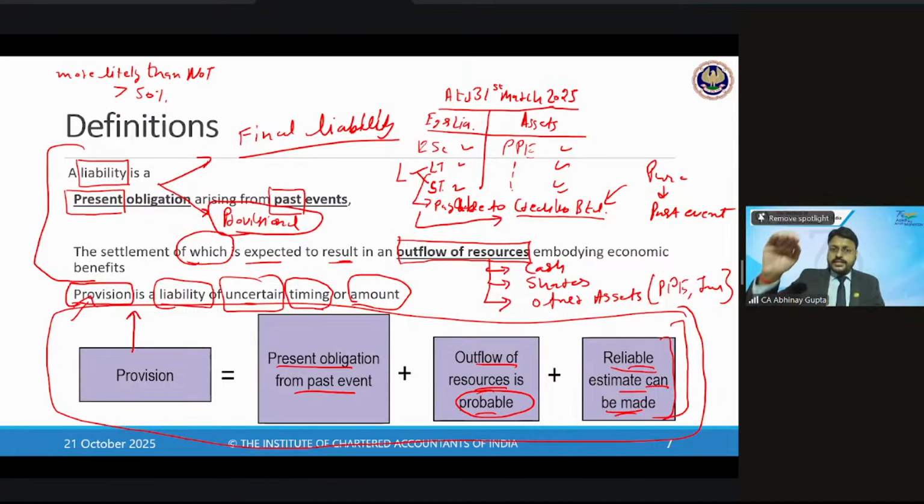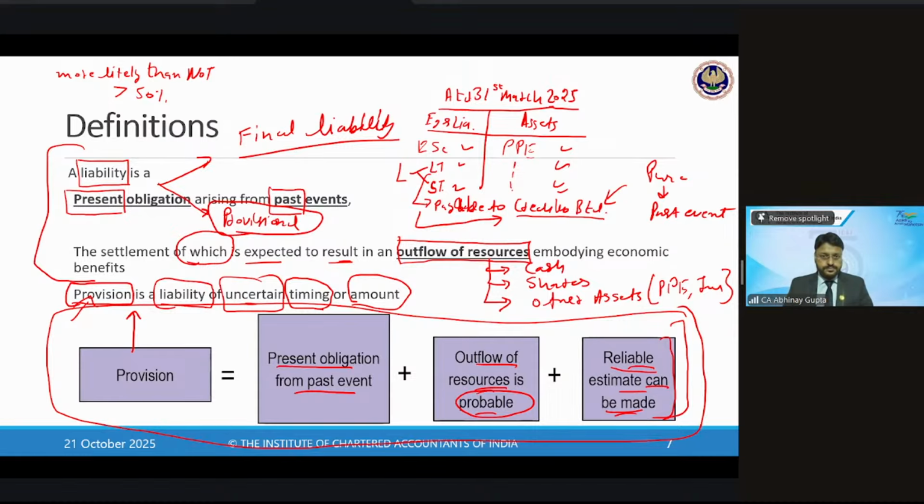Now, if in the examination, based on the facts, it is evident that a reliable estimate cannot be made, then our answer would be that because of the failure of the reliable estimate condition, the provision will not be required to be recorded. However, the additional disclosures get triggered, right? But generally a reliable estimate can always be made in practical life. It is very rare that somebody comes and says that we are not able to estimate something.